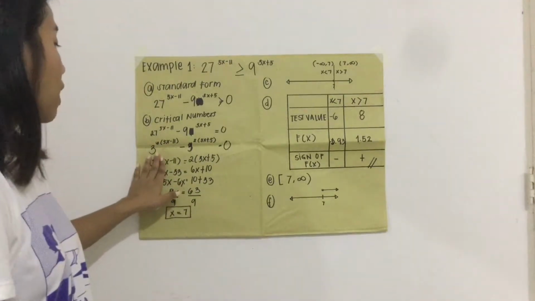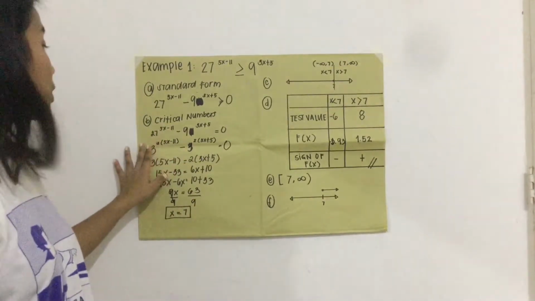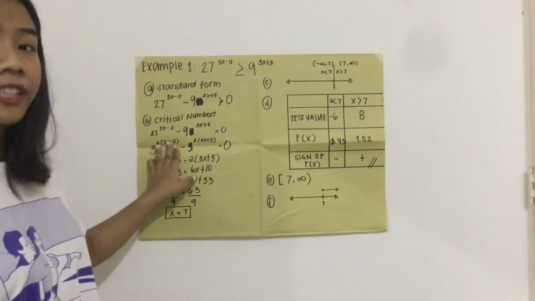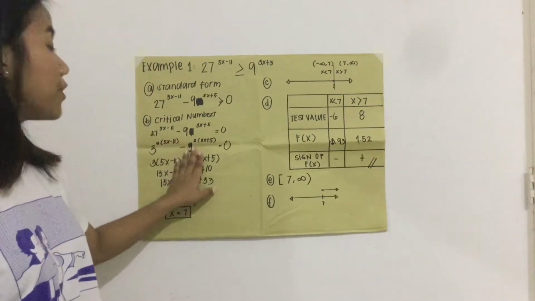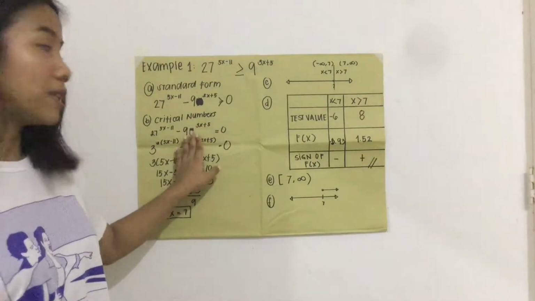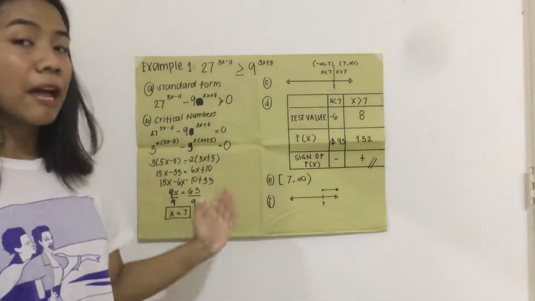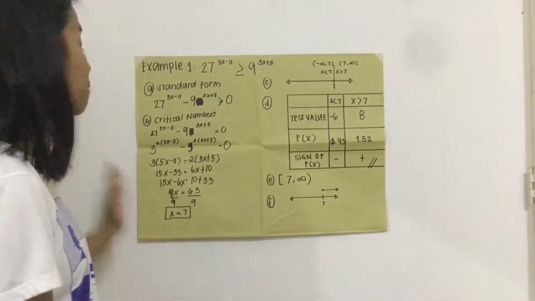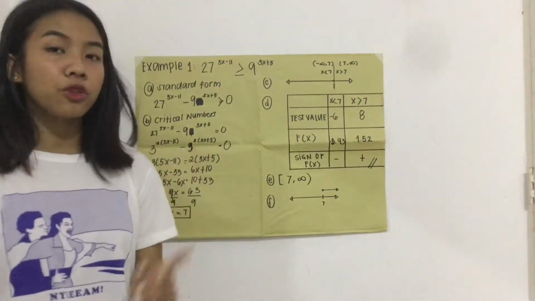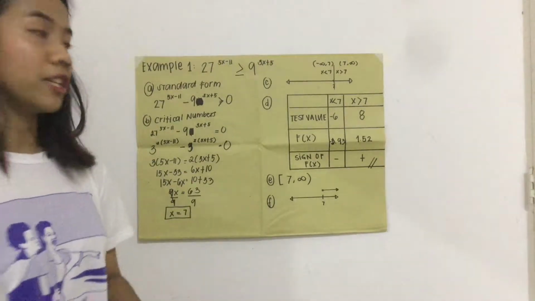So 3 raised to 3 is 27, so we're going to insert 3 beside 5x minus 11, and 3 raised to 2 is 9, so we're going to insert 2 beside 3x plus 5. So it would be like this: 3 raised to 3 times 5x minus 11, minus 3 raised to 2 times 3x plus 5 equals 0.